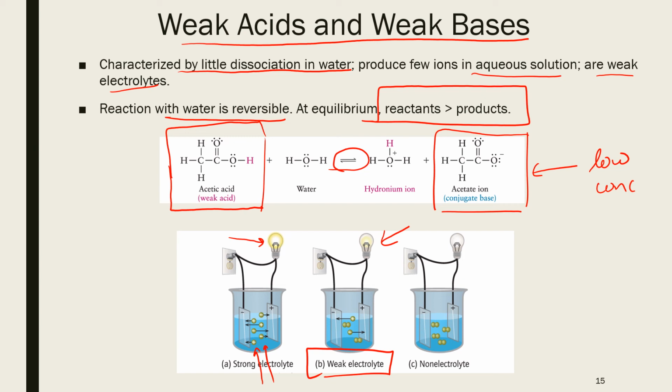This kind of electrolyte is known as a strong electrolyte. Weak acids and weak bases are, on the other hand, weak electrolytes. And the molecules which do not dissociate at all are called non-electrolytes.